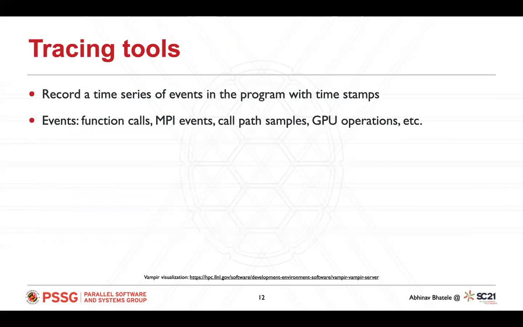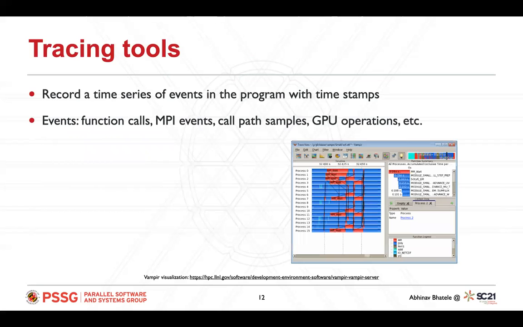Now let's see a little more detail about tracing and profiling tools. Tracing tools record a time series of events in the program with timestamps. Some common events that are often recorded are function calls, MPI events, call path samples, GPU operations, etc. And if you were to visualize a trace that's collected by a tracing tool, it might look something like this. This is a visualization from a popular tool called Vampir.